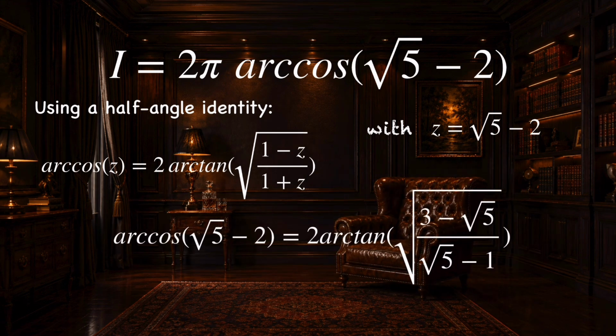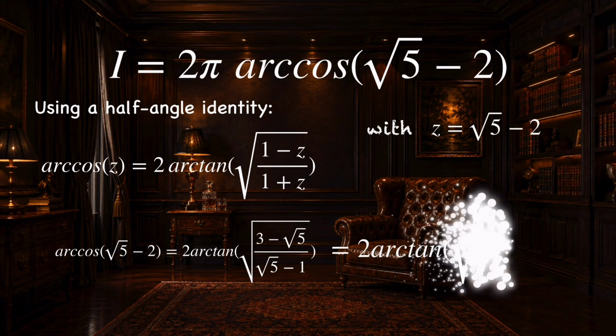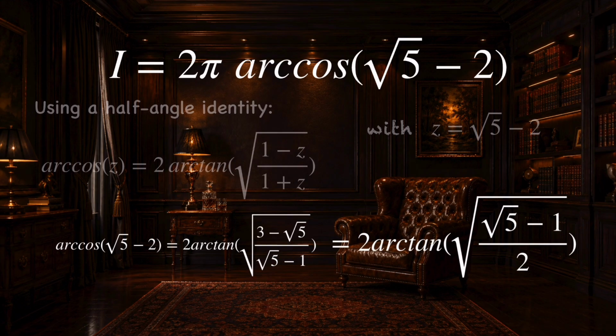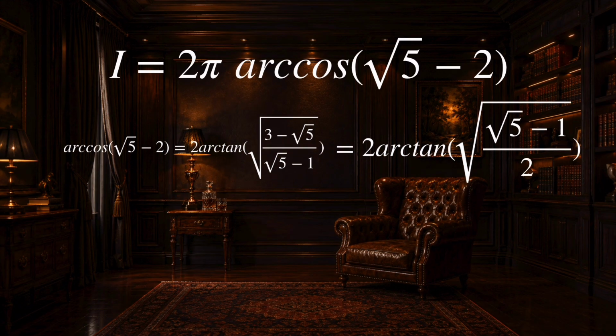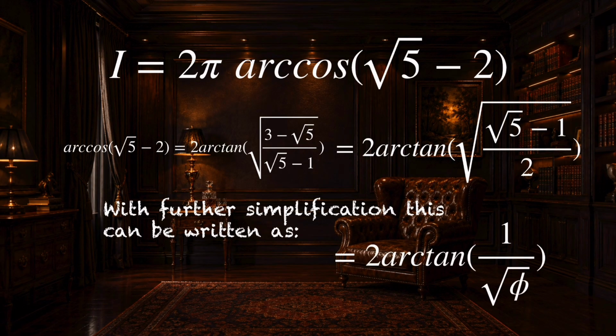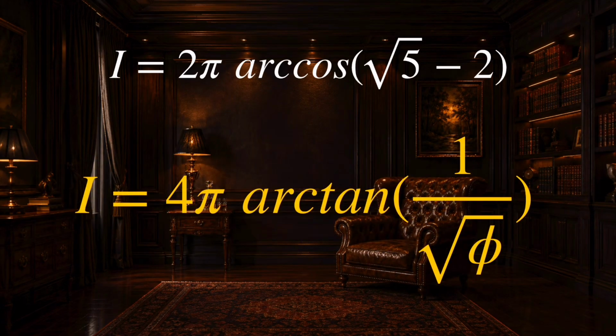Two times the arctan of this square root involving other square roots, which can be simplified to this expression. And with further simplification, this can be written as 2 times the arctangent of 1 over the square root of phi, where phi is 1 plus radical 5 over 2, otherwise known as the golden ratio.